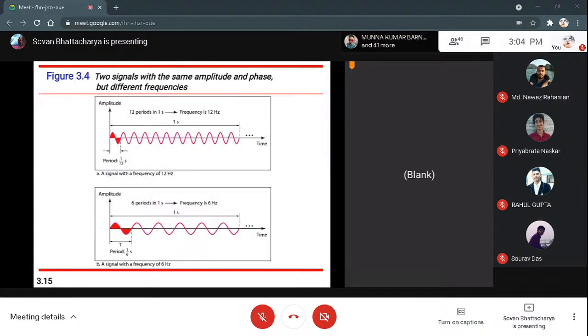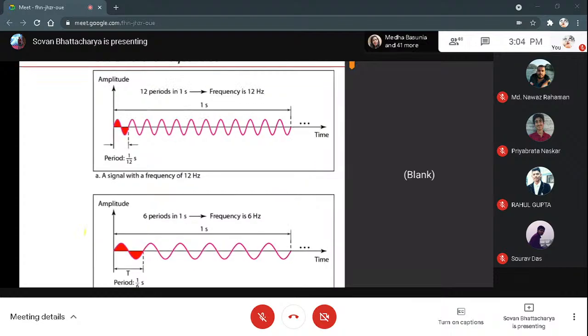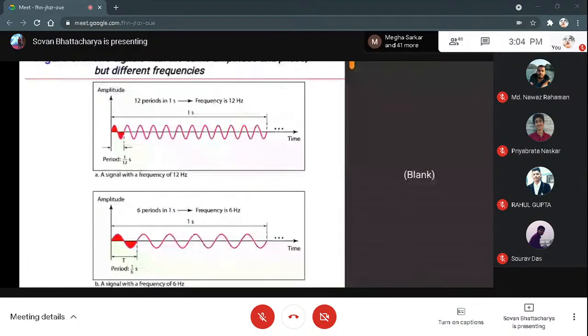Now in this figure, there are two signals with the same amplitude and the same phases, but different frequency. In the first, what is the frequency?